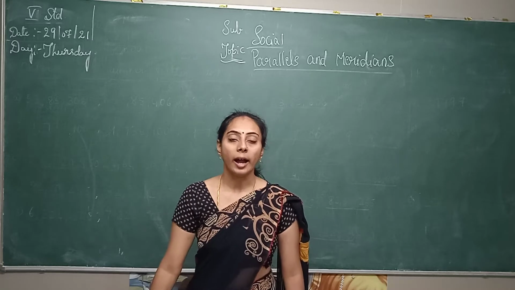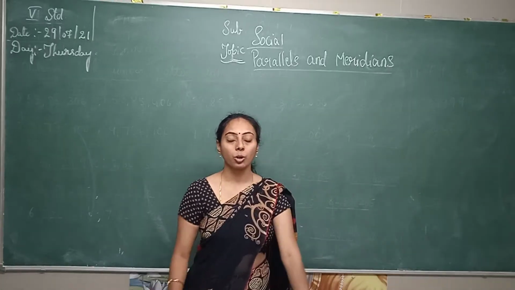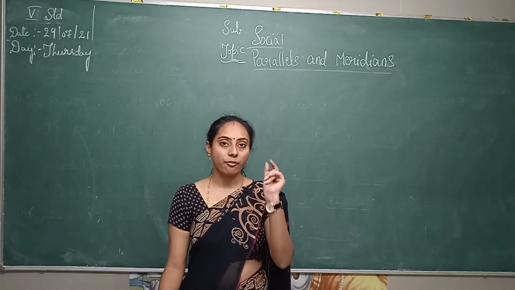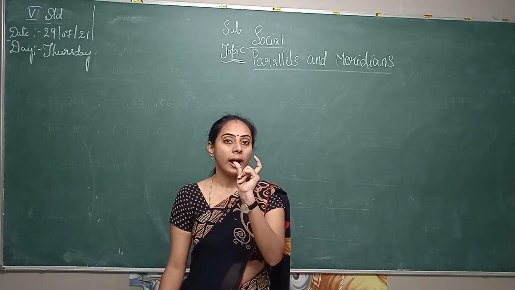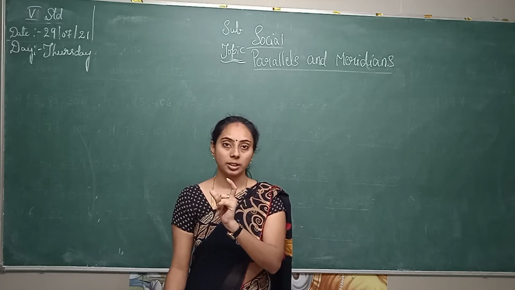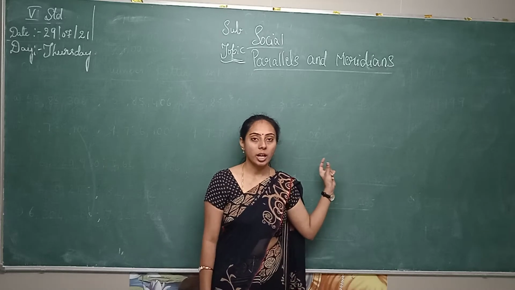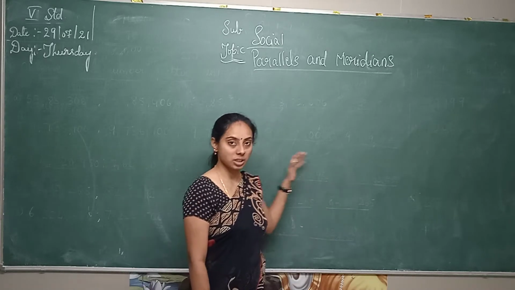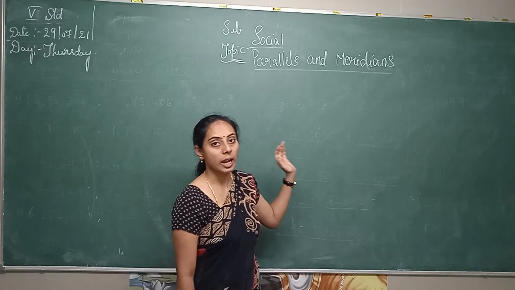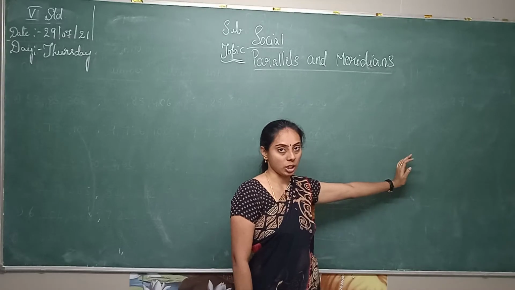In the meridians we already know that each meridian's length is 111 kilometers, and there are 180 meridians present to the west side and 180 longitudes to the east direction.